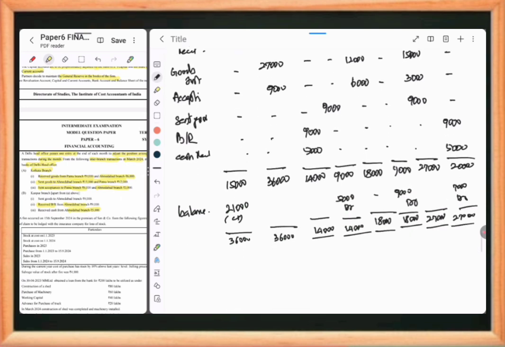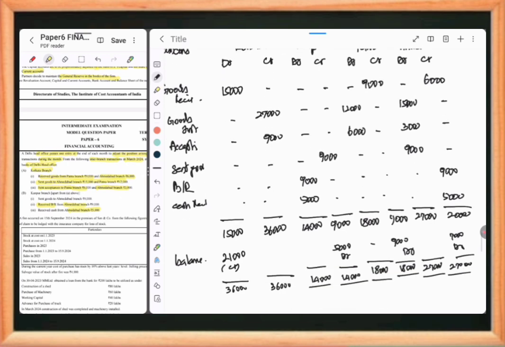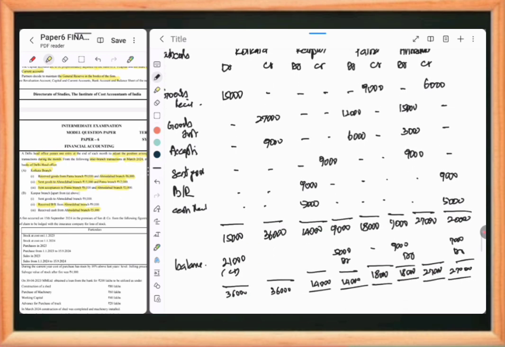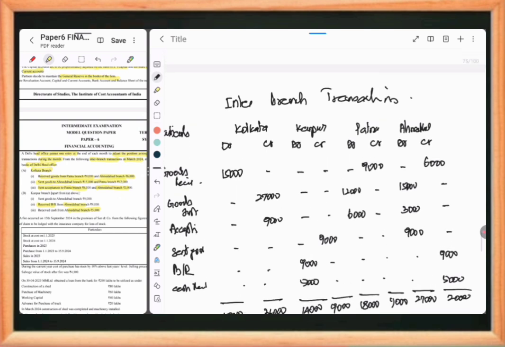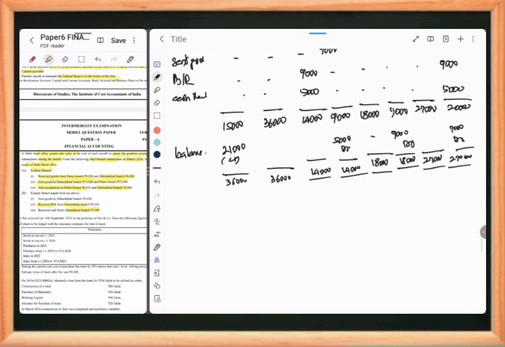So the entry must be passed in the head office books. Kanpur account should be debited for 5,000, and then Patna account should be debited for 9,000, and then Ahmedabad should be debited for 7,000. So Calcutta in aggregate should be credited for 21,000. So that is the entry.